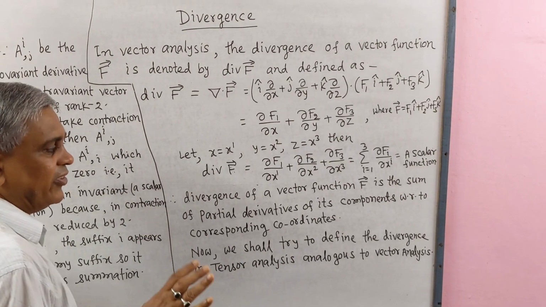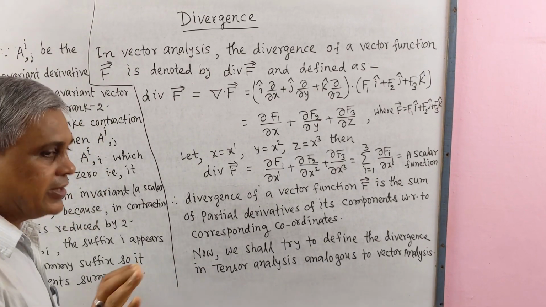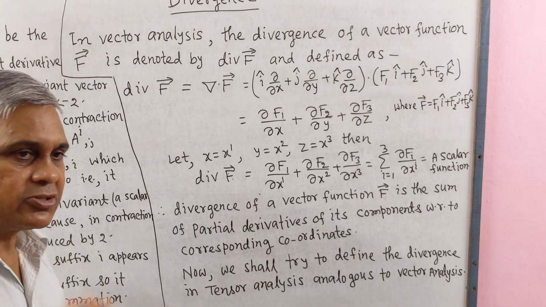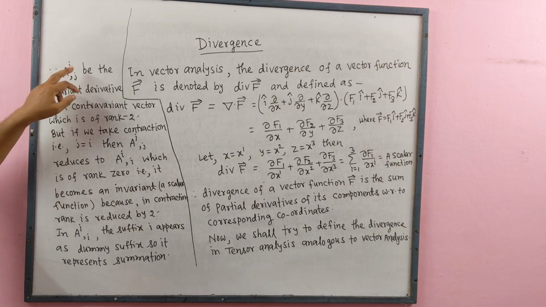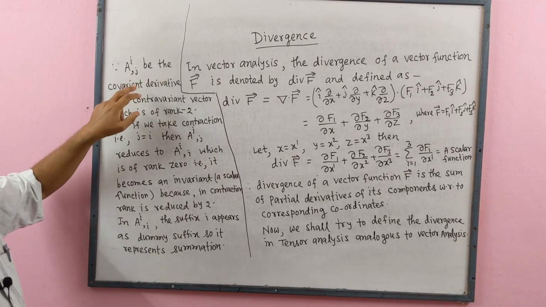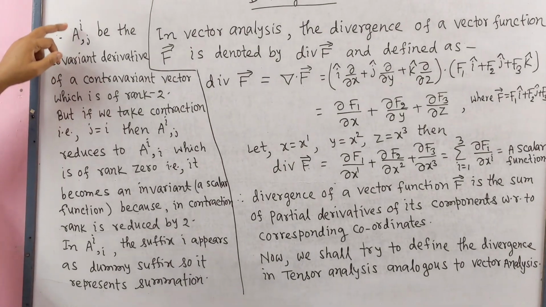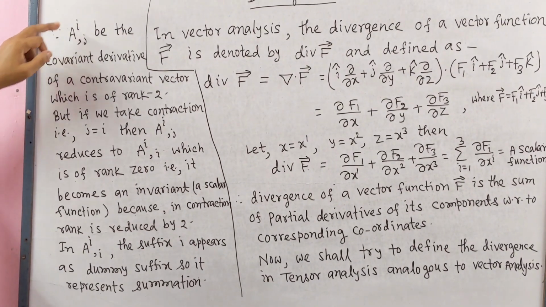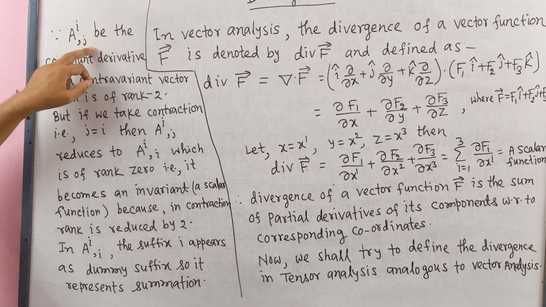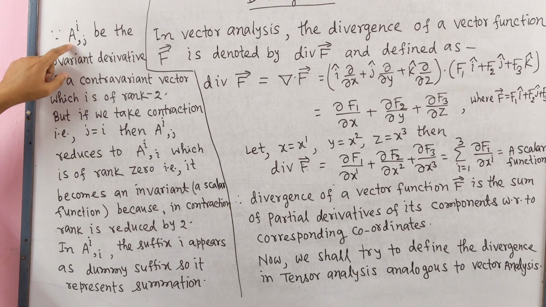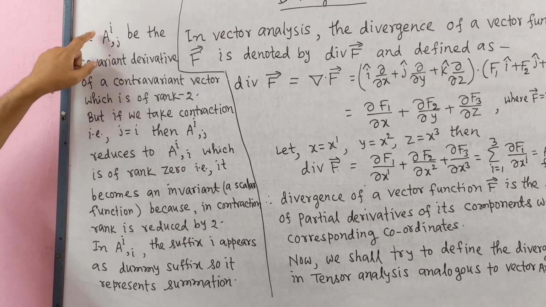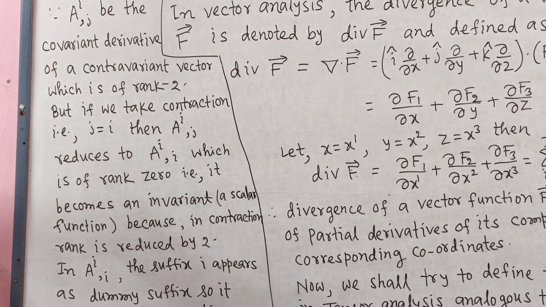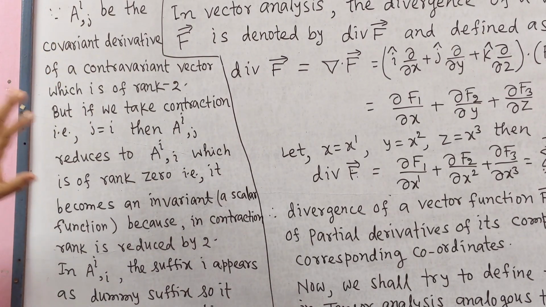Now we shall try to define the divergence in tensor analysis, analogous to vector analysis. Since A^i comma j is the covariant derivative of the contravariant vector A^i, it is of rank 2. A contravariant vector has rank 1, and for its covariant derivative the rank increases by 1. So the covariant derivative A^i comma j is a tensor of rank 2.